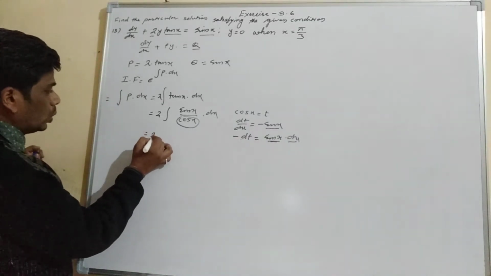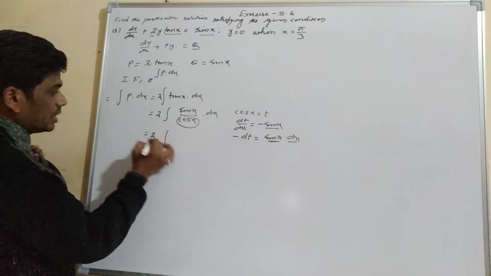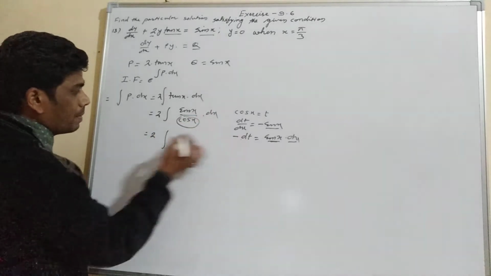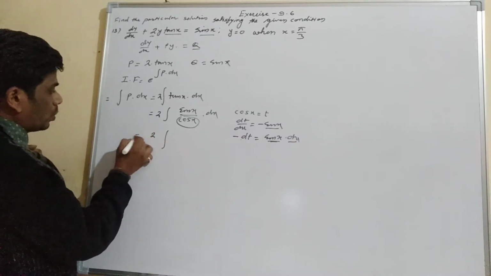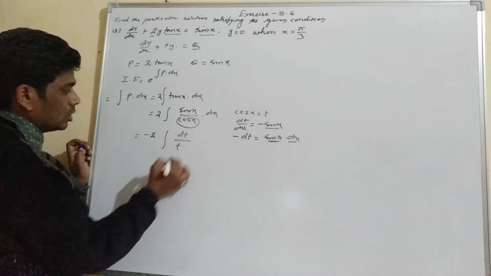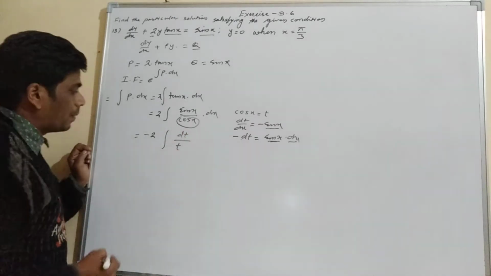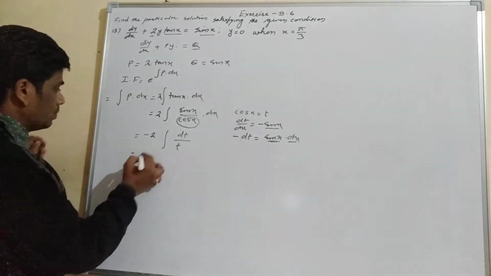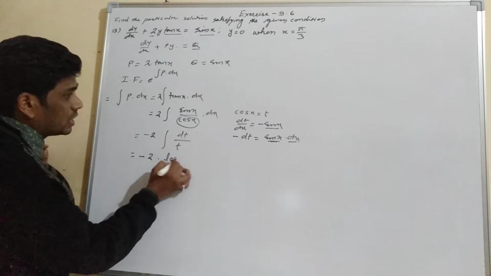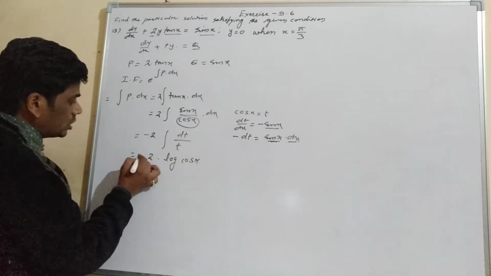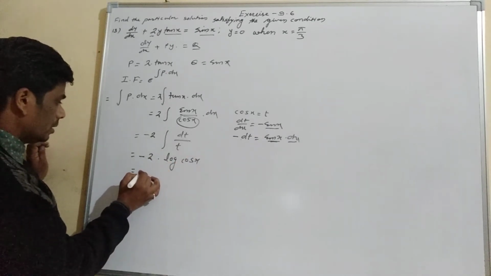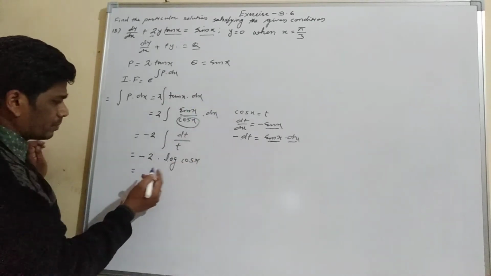So it will be 2 times the integration of, sin x dx will be minus dt, which means this minus also we will take outside. So minus 2 dt upon t, and the integration of dt upon t will be log t, which means minus 2 log of t, where t is cos x. So this minus 2 will shift upside.